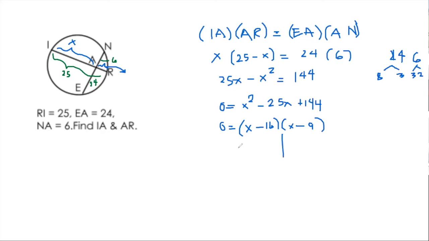So this will give me two values of x, x equal to 16 or x equal to 9. Since in the figure IA is longer, I'll have to use IA as 16, and my AR is 9. You can have those different values of your IA and AR, as long as it only involves the two numbers 16 and 9.